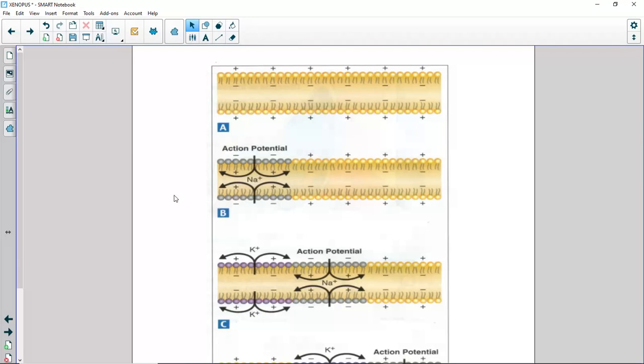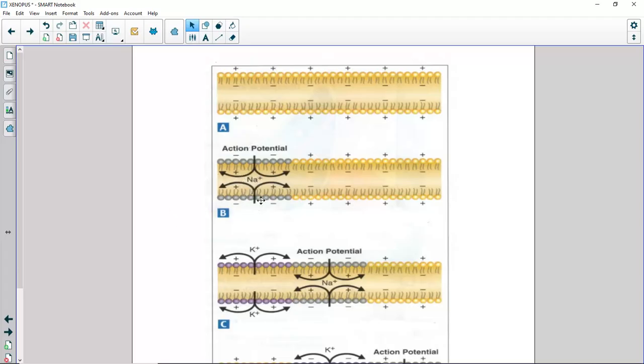When you depolarize it, you want to reverse the picture you're seeing here: positive on the inside with reference to negative on the outside. So the influx of sodium causes the membrane potential to become more positive. While the resting membrane potential is -70, an action potential is actually +30 to +60 inside the cell with reference to outside the cell.